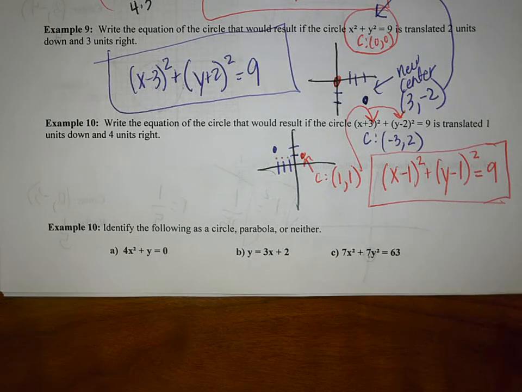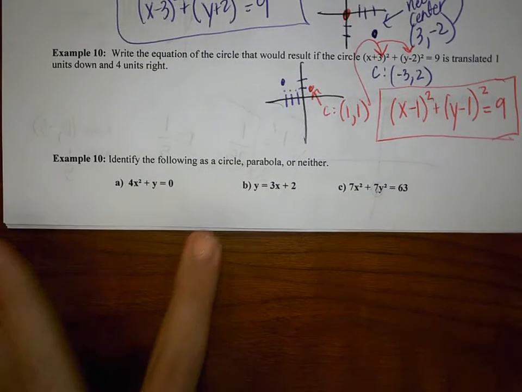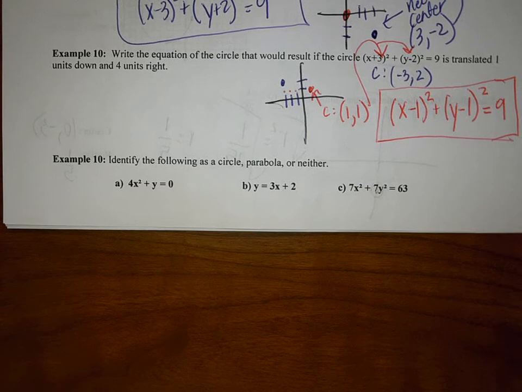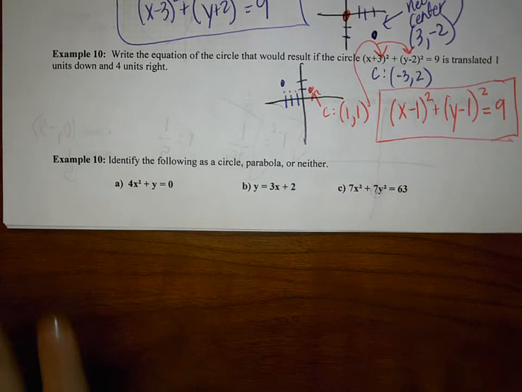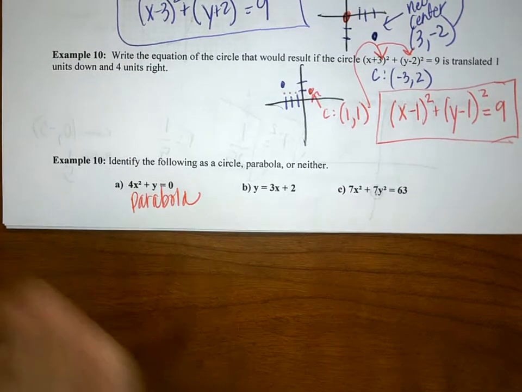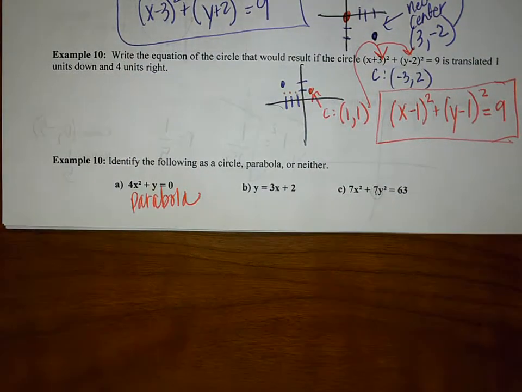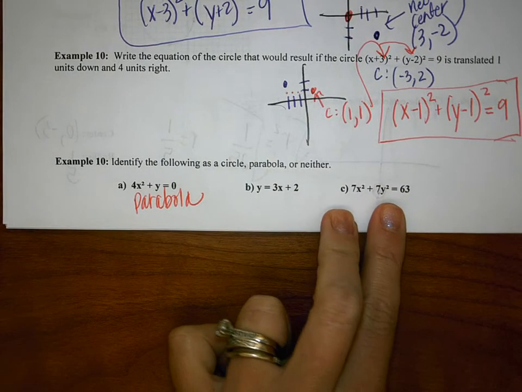Okay. Last one. Identify the following as a circle, parabola, or neither. First of all, we know that a parabola has one squared term. Which one of these has one squared term? A. A is a parabola. Okay, a circle has how many squared terms? 2. But the numbers in front have to be the same because we'd end up dividing by them to get rid of them.